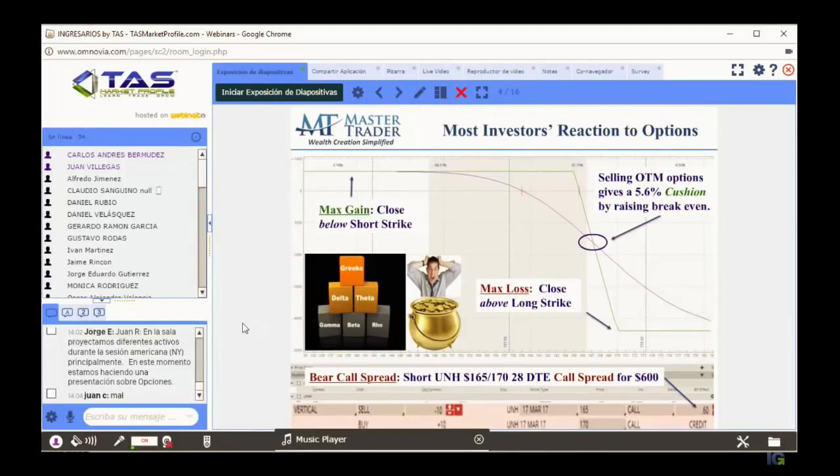This is what we call a risk graph of one particular option strategy that we will be teaching you, but you can also see the man there trying to rip his hair out. This is typical of most beginner option traders because they just put their head in a hole and ignore the tremendous opportunities available in trading options.